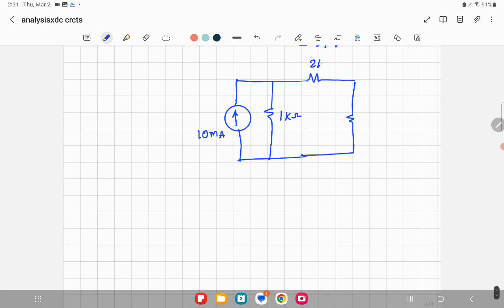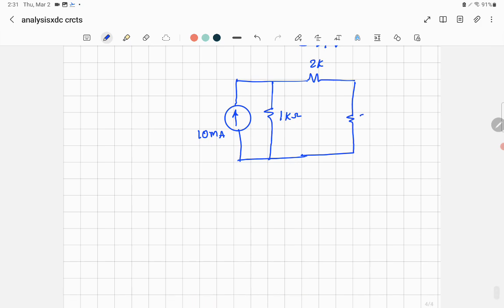Let's say 2 kilo ohm and 3 kilo ohm, and we want to find the voltage across the 3 kilo ohm.